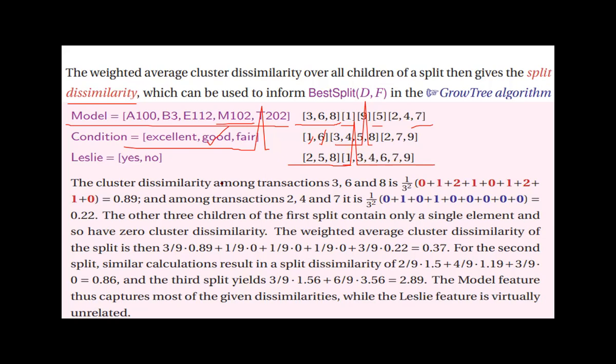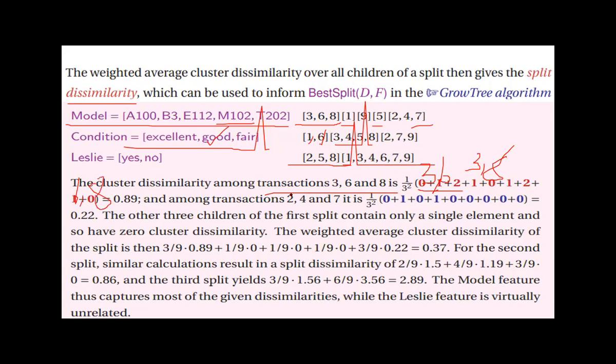The cluster dissimilarity among transactions 3, 6, 8 is 1 by 3 square, because there are 3 into 0 plus 1 plus 2. That is 3, 6, this is the combination of 3, 6. Similarly 3, 8 and 6, 8.